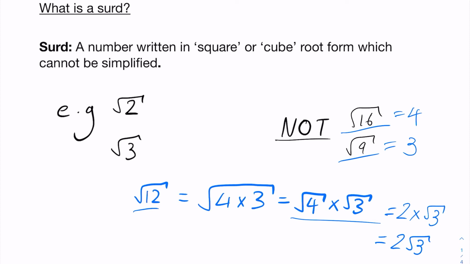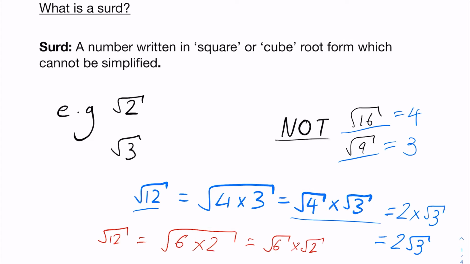So the key part to this one is we had to choose appropriate factors to break down our number 12 at the beginning. Equivalently, what we could have done, technically speaking, is take the square root of 12 and rewrite it as the square root of 6 times 2, because 6 and 2 are also factors of 12. And again, we can split these up to be the square root of 6 times the square root of 2. Now, the reason why I didn't select those factors is because you'll notice at this point that neither of those numbers, 6 or 2, are actually square numbers.